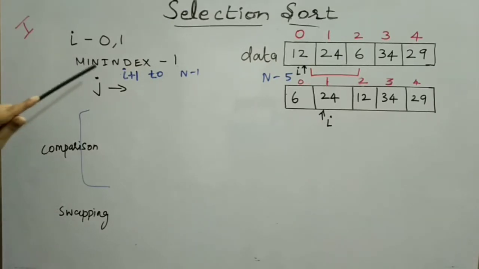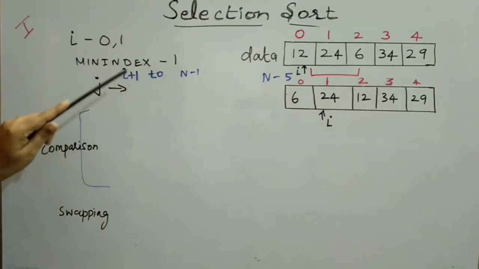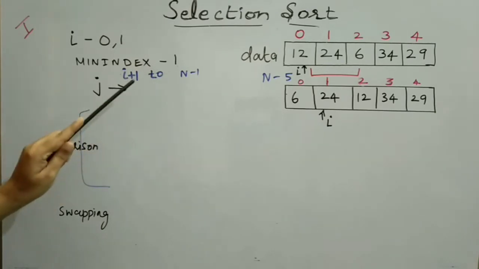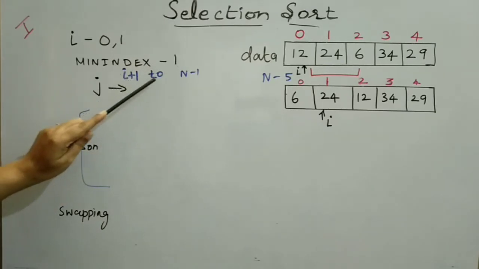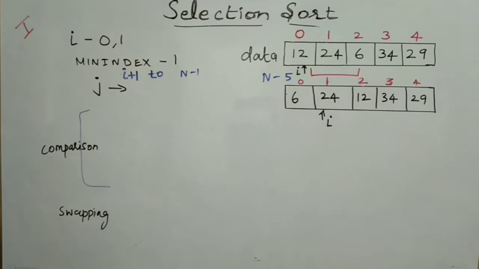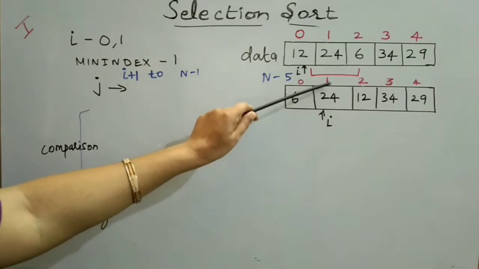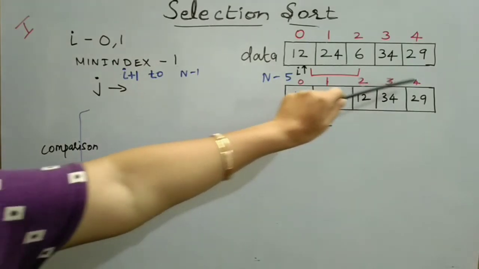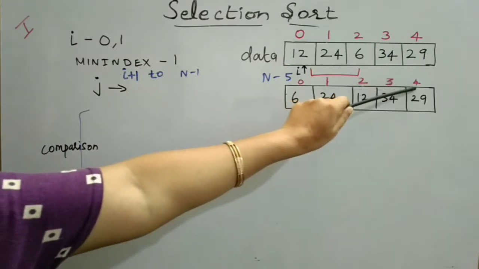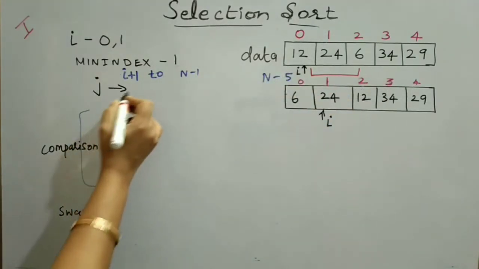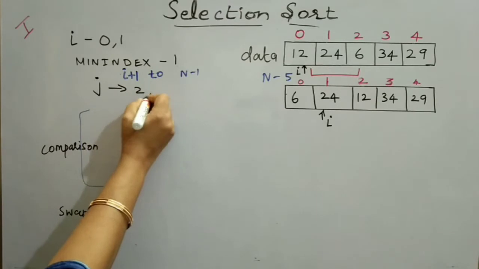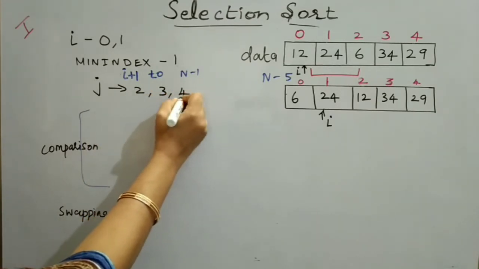So I need to apply the comparison procedure. The element in the minimum index position is compared with all the subsequent elements in the index positions i plus 1 to n minus 1. If i is 1, then the index positions of the subsequent elements are 2 to 4, that is 2, 3 and 4.